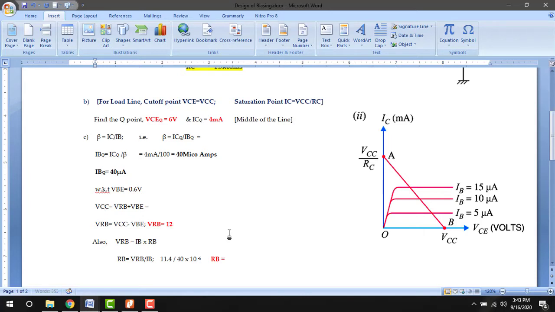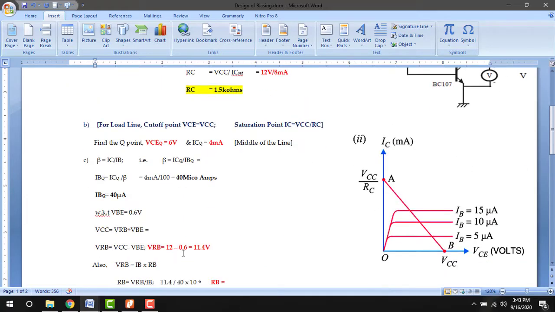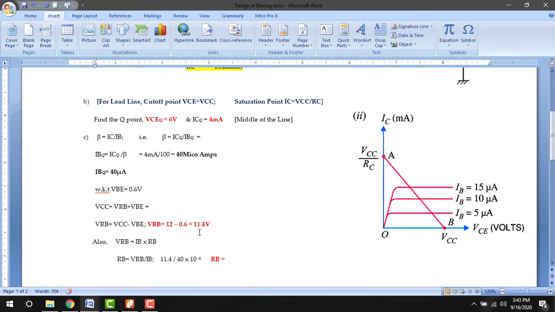VCC is 12 volt and since it is forward bias, VBE is 0.6. So we get 12 minus 0.6, 11.4. The voltage drop across the RB is 11.4 volts.